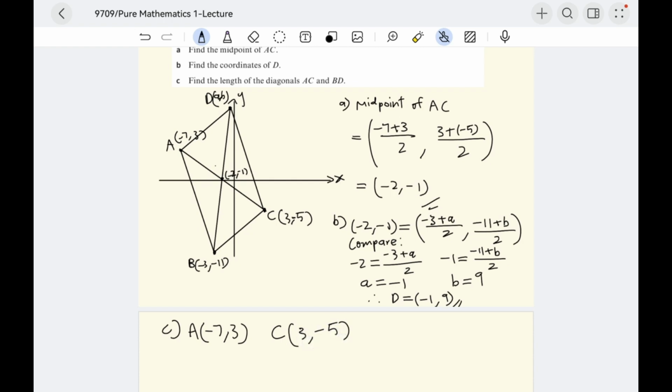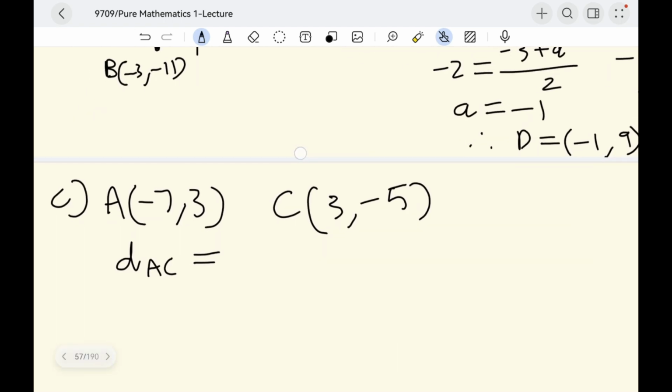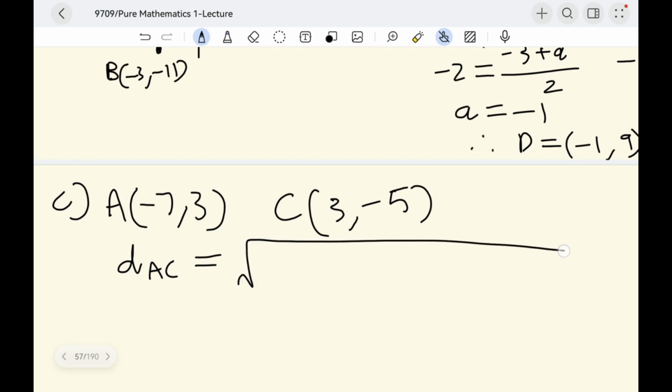Okay, so I can label it as D_AC, which denotes AC. You just need to take the square root of the square of (-7 minus 3) plus the square of (3 minus -5).